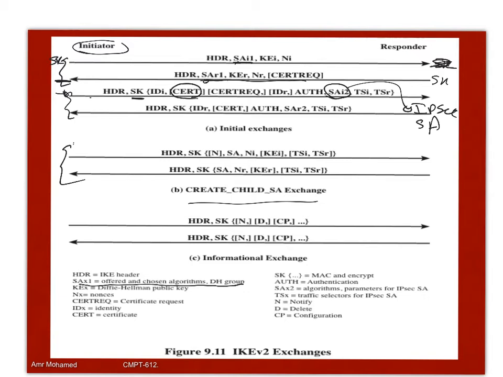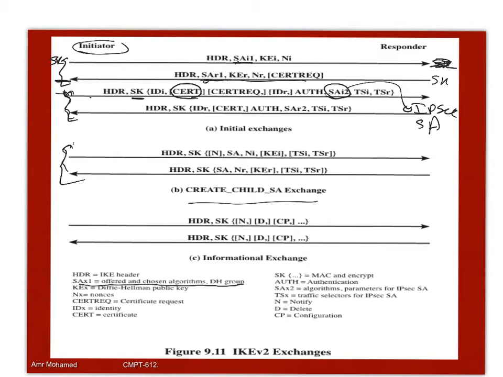So if you want to send error messages or any notification, you send that on a separate communication stream. These two are enough to establish data communication. The IPsec SA is enough to establish data communication.